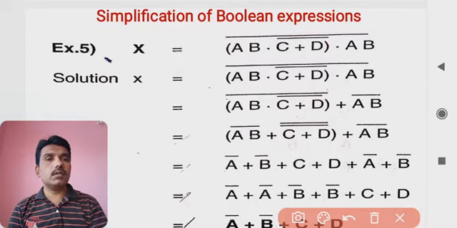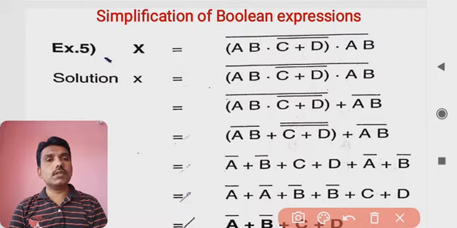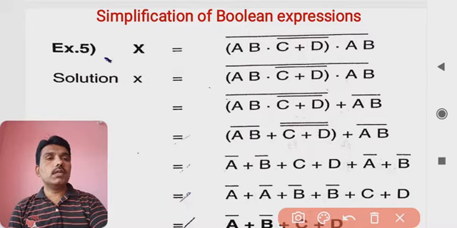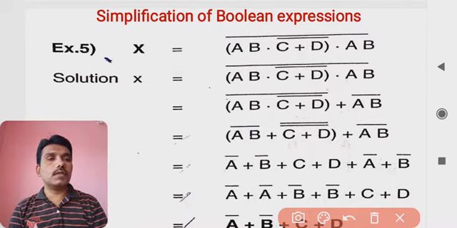That's why maximum importance is given to De Morgan's theorem, which gives us conversion from the AND operation to OR, and OR to AND in complement cases. So here one logic is to be applied for simplification of this equation. If you look at the first case, there is AB and C or D complement, and AB whole complement.